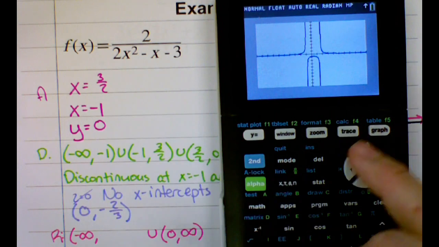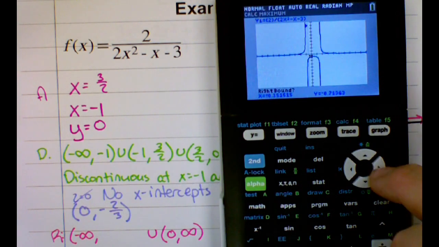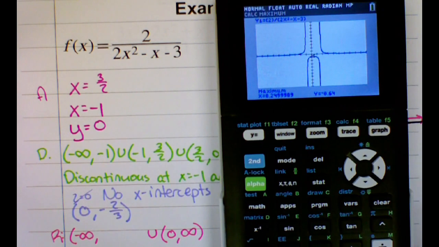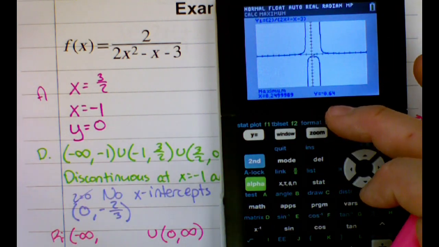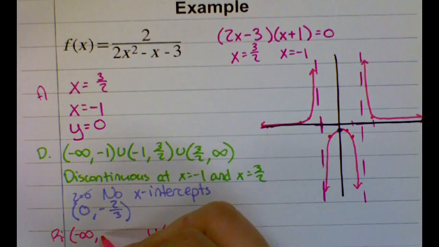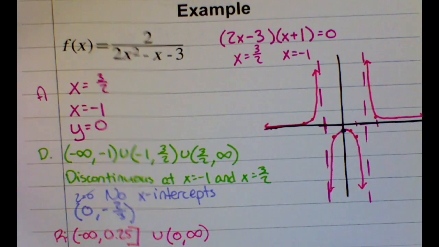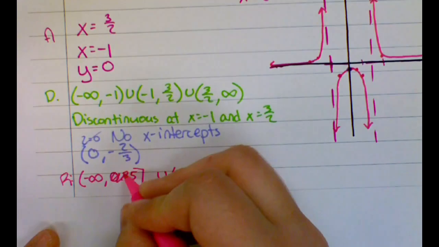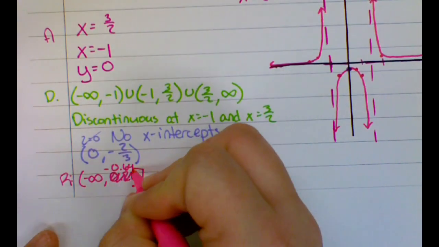So, second, calculate, maximum, left side, right side, enter, 0.2499, negative 0.64. So that little maximum there is negative 0.64, but it's at x is 0.25. And we'll put a bracket there because x can be exactly that. Oh, sorry, we're talking range. That's the y value, negative 0.64.